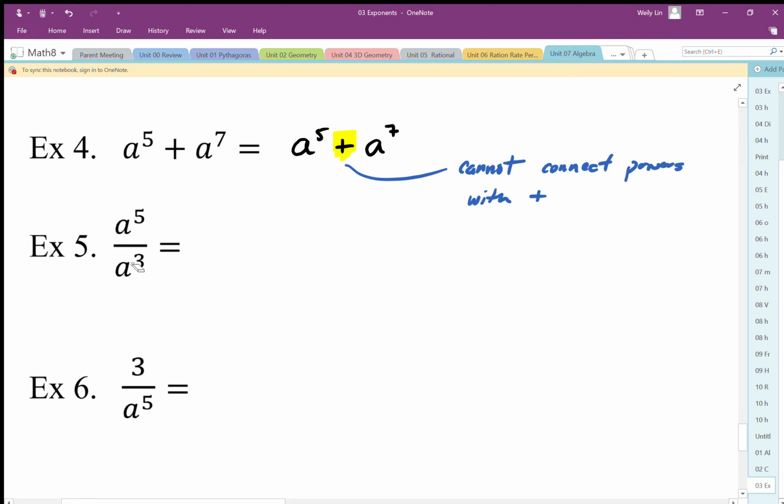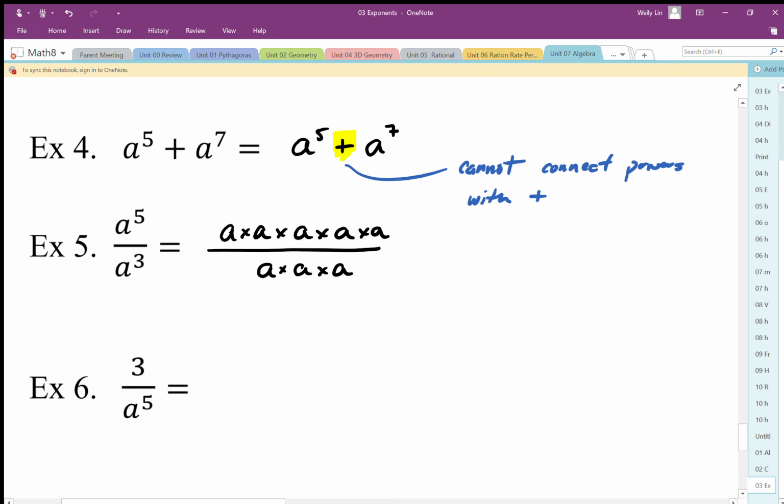But powers can be connected with division because times and divides share the same rule. So if I can do it with times, I should be able to do it with divide. So what would it look like? I have a multiplied 5 times, or 5 multipliers of a, and I have 3 divide by a's on the bottom.